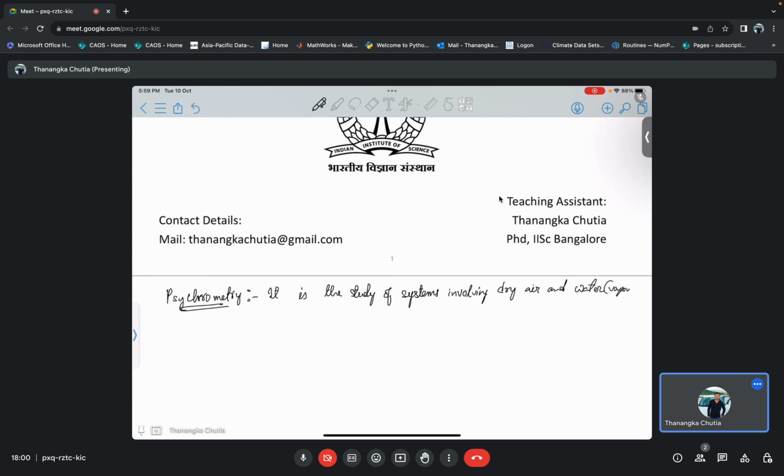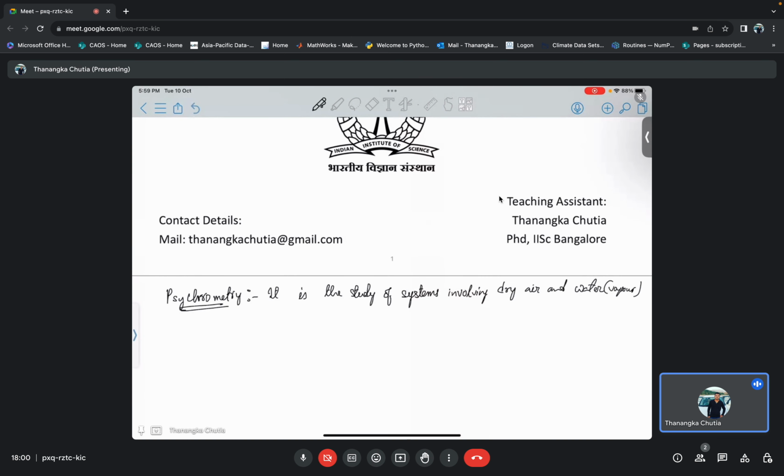Okay, water vapor. Previously, whatever air we were taking into consideration was dry air, but here we will also consider the properties of the moisture.